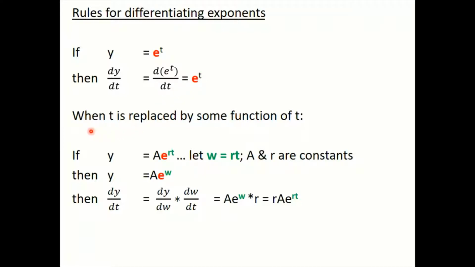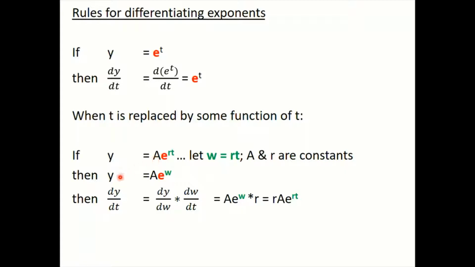So what if our variable t is replaced by some function of t? Let's say we are working with the exponential function y equals a times e raised to the power of r times t, where a and r are constants. We are going to use the chain rule to find the derivative of y with respect to t.